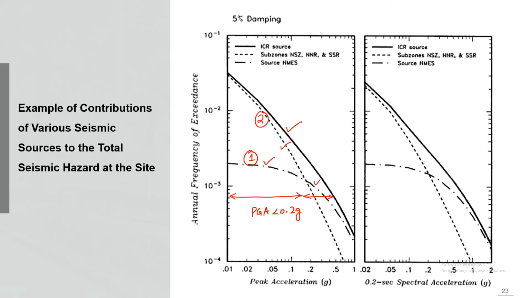So in this range of higher PGA values, seismic source 1 will have more contribution. This kind of decomposition, or the relative contributions of different seismic sources, can be seen if you plot the hazard curve for each seismic source separately.